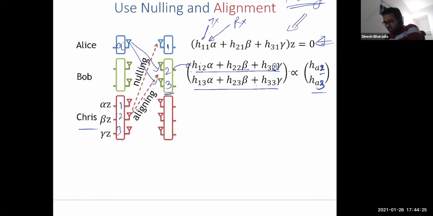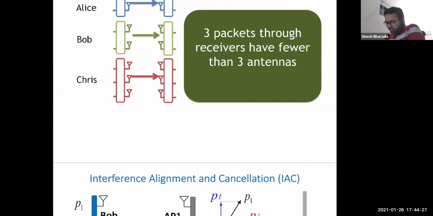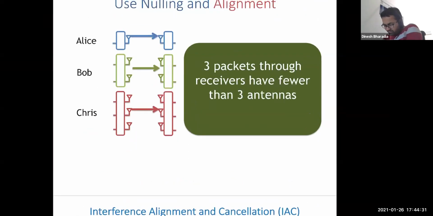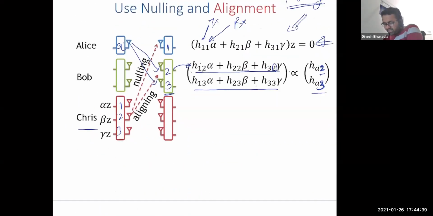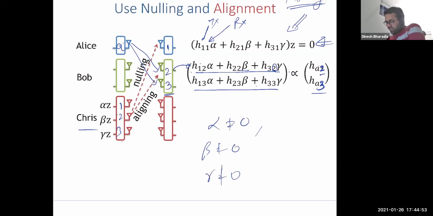So now this essentially allows us to do this: your alpha can be non-zero, beta can be non-zero, and gamma can also be non-zero in this case.